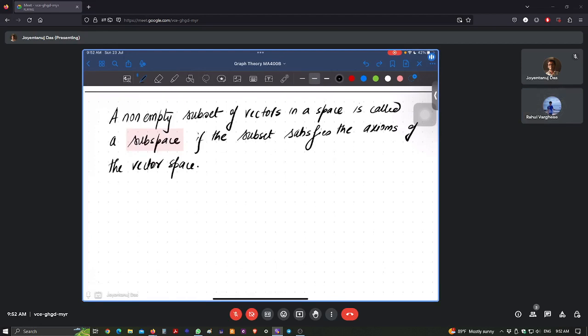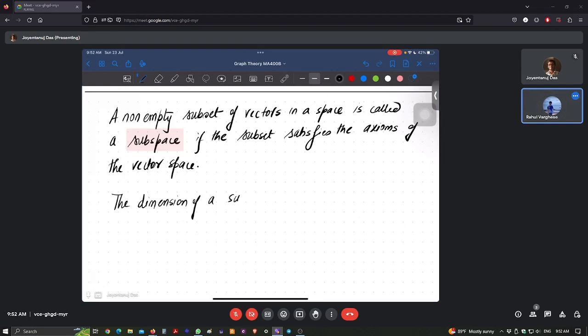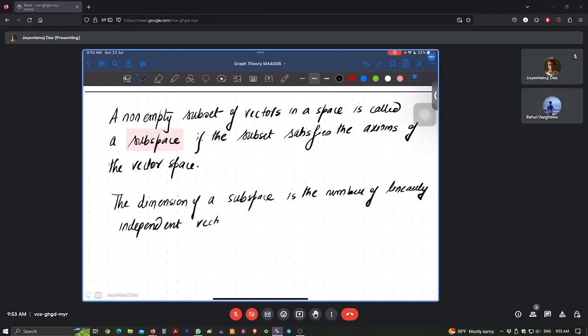And the dimension of a subspace is the number of linearly independent vectors required to span the subspace. So this is the dimension.